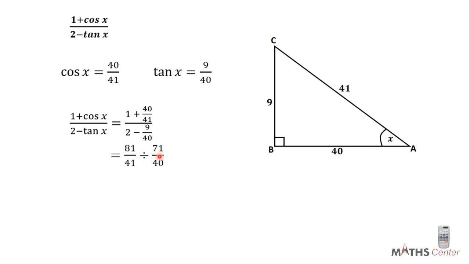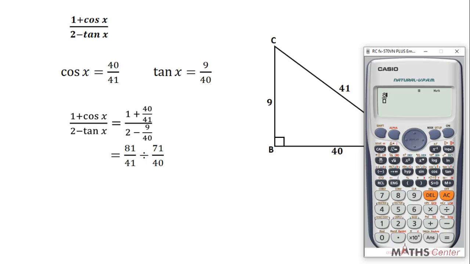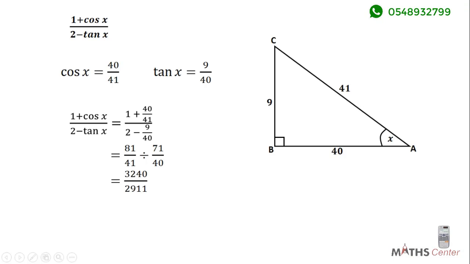If we do this on our calculator, 81 divided by 41, then divided by 71 divided by 40, this will give us 3240 divided by 2911.